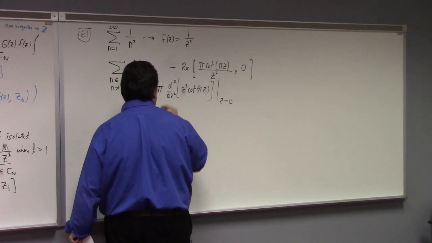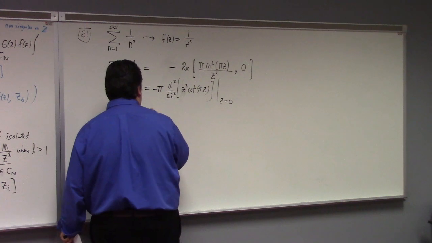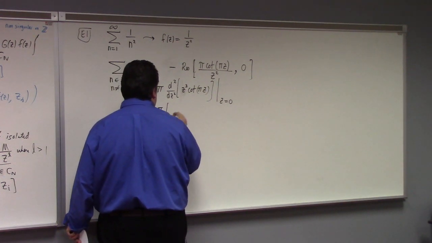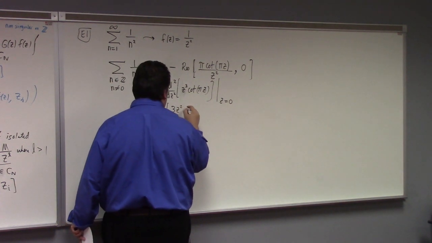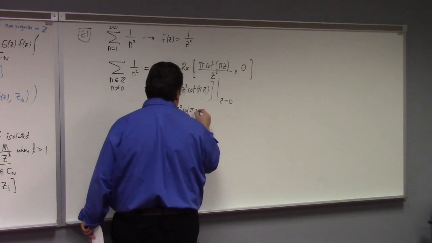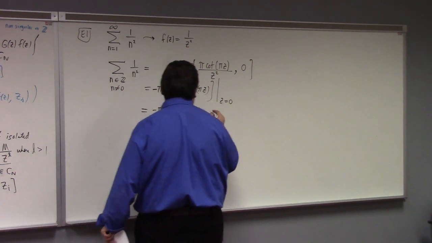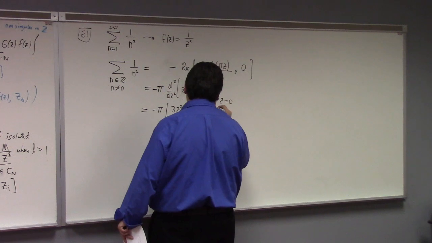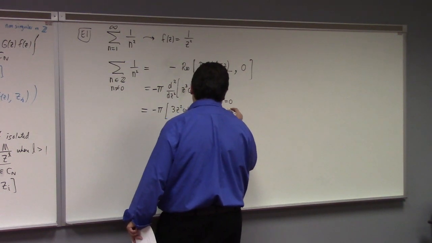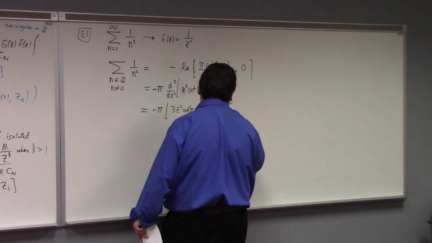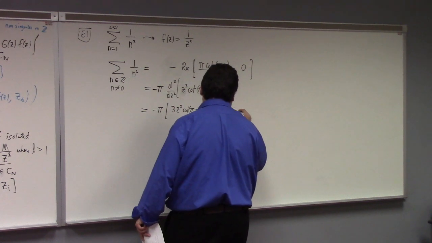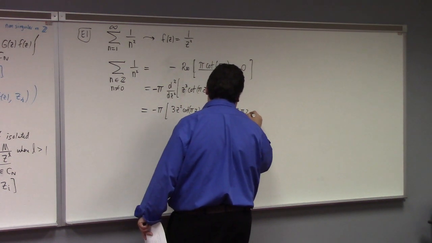We'll leave it out here where it can't hurt anybody. Now I differentiate once. What do I get? I get 3z squared cotangent pi z, and then minus z cubed times pi cosecant squared pi z.